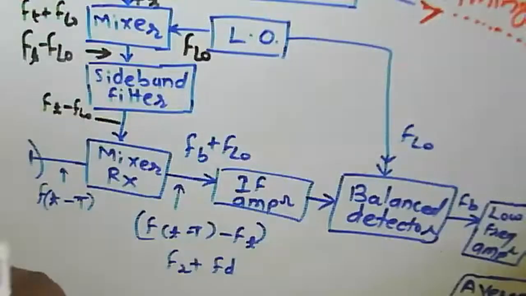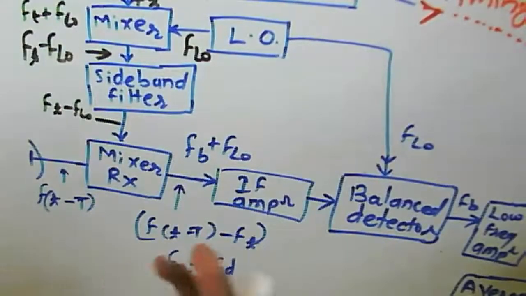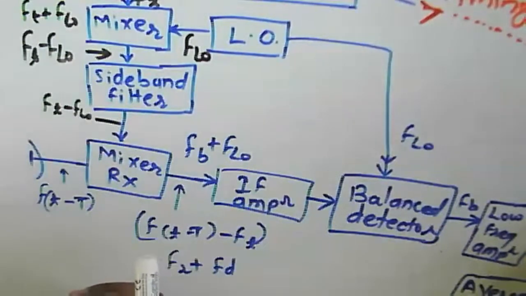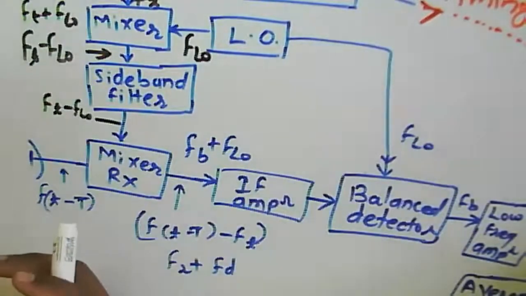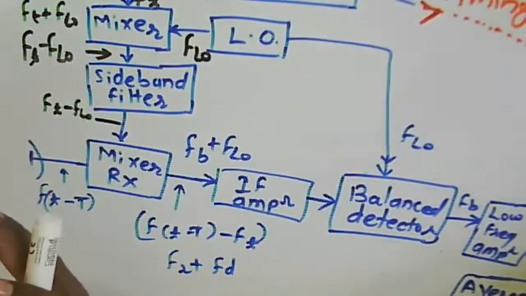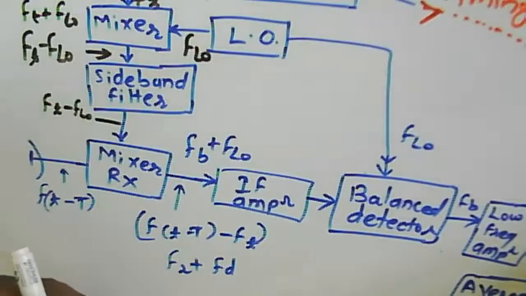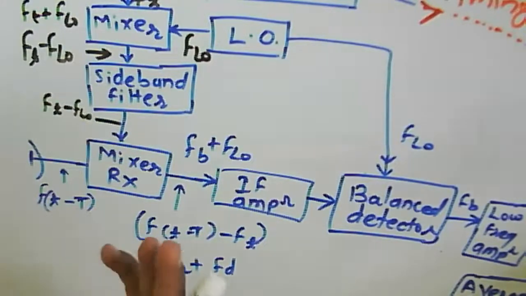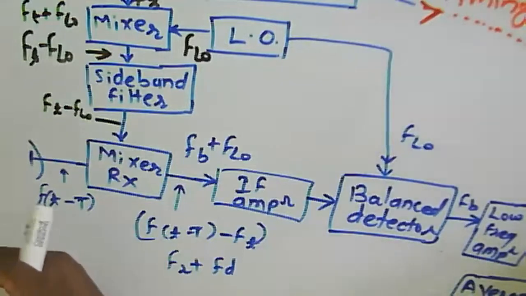The power level will be larger or smaller. Based on this power level, we can consider that the echo we are receiving from the target is nearer or away from the radar.